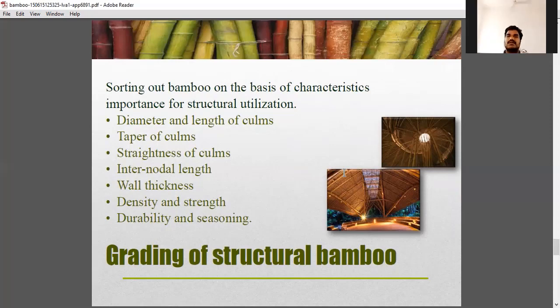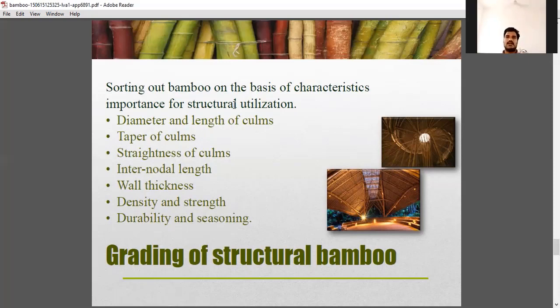In various structures, bamboo is used, on the basis of the characteristics and importance of structural utilization. Diameter and length of columns, taper of culms, straightness of culms, internodal length, wall thickness, density and strength, and to increase the durability and staging.